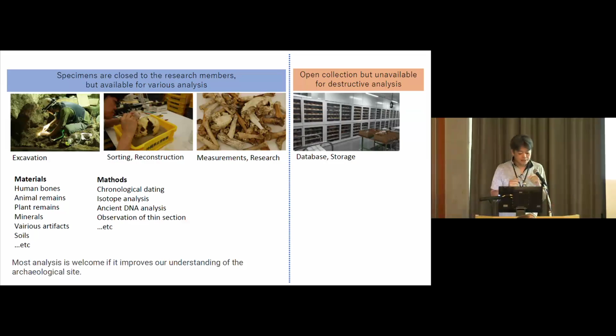And we have many varieties of materials, especially in the excavation field. For example, human bones, animal bones, and plant remains, and not only those organic materials, but also stones, minerals, soils, and also various artifacts.